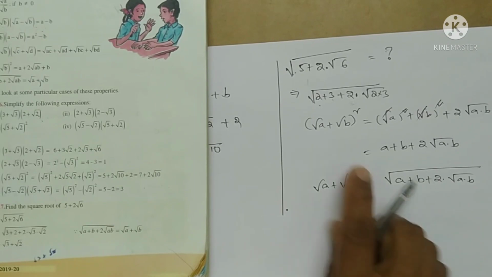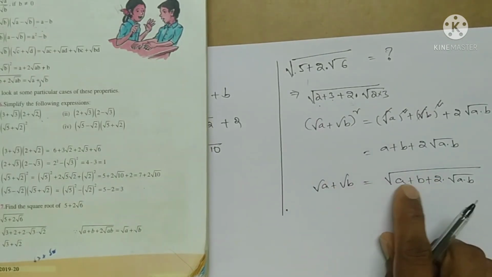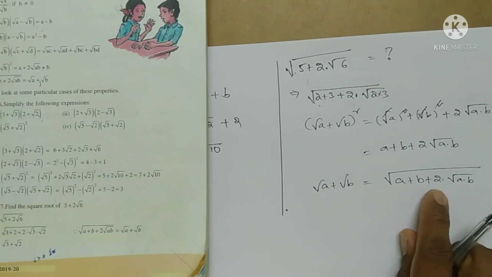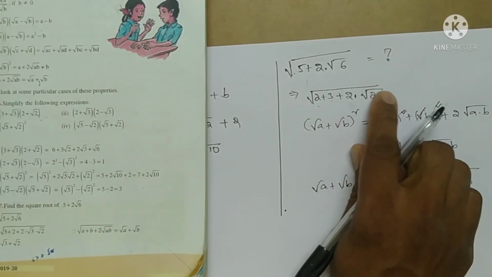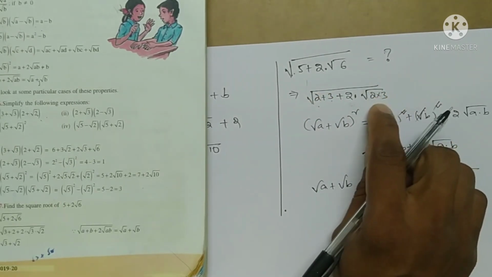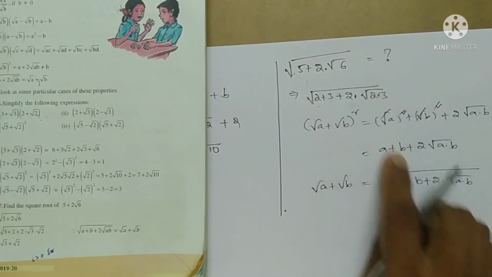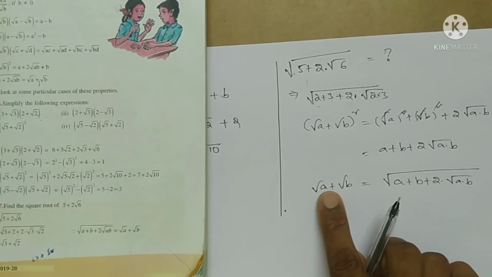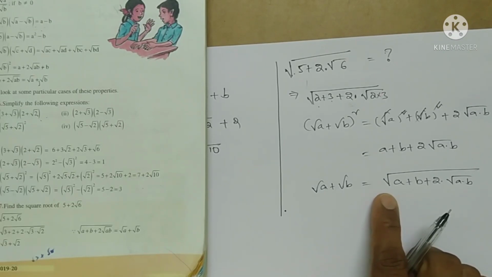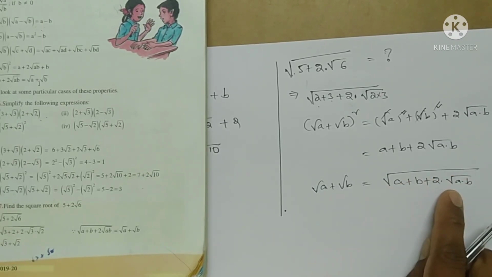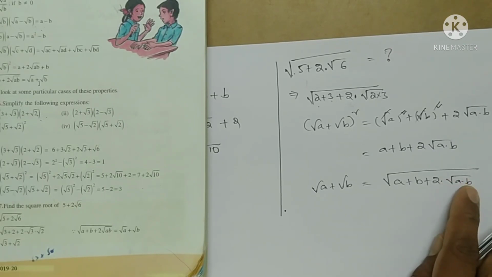So it is of the form 2 plus 3, here a plus b plus 2 into under root a into b. Here 2 plus 3, here 2 into 3, under root a into b. Compare with our formula: root a plus root b is equal to square root of a plus b plus 2 into under root a into b.